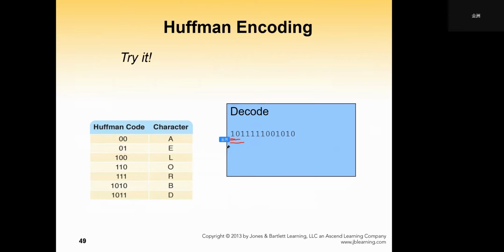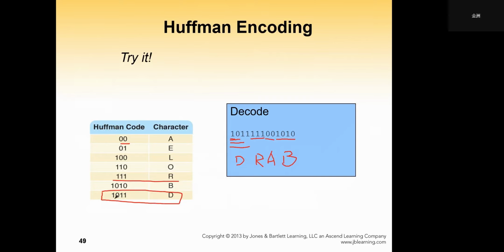It's still no, so we check 1011, and we find 1011 here, so it's supposed to be D. And here it is 1, there's no, 11 also no, 111 is here, so it is an R. And then we can find 00 is here for A. And 10, there's no, 101 is also no, so 1010 is supposed to be B. Okay, so we can decode them.